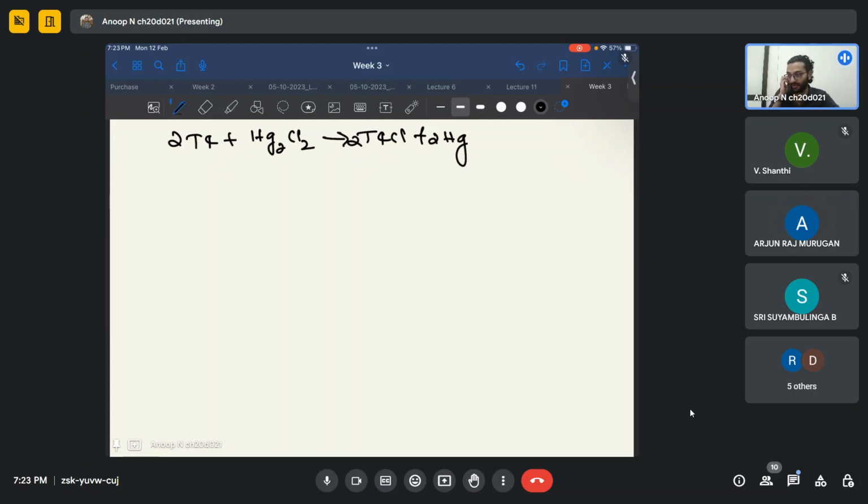Now the value of E cell is given, so let's calculate delta G as well as delta H. That's why I wrote all the equations at the start of the class. Just go back to the pages, write the equations for delta G and delta H and calculate.